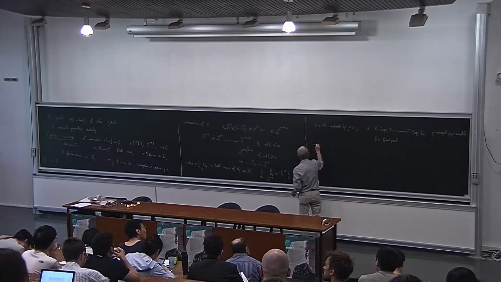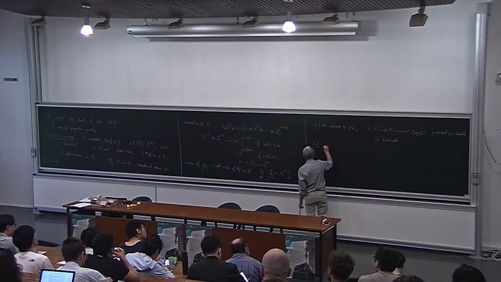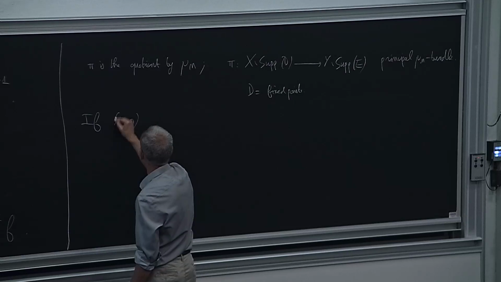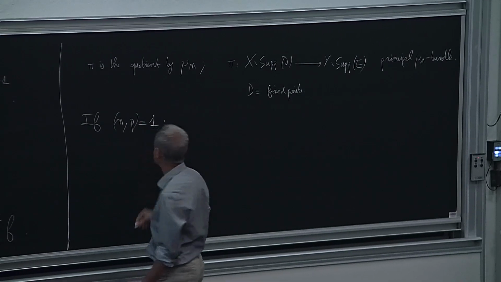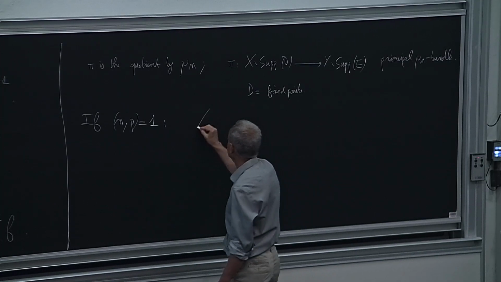I'll begin with a case which shows what happens in characteristic 0. Suppose that n is prime to the characteristic. Then X is normal.